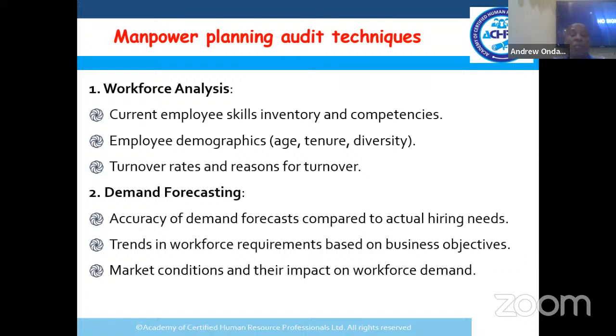Bullet 2 looks at the trend in workforce requirements based on business objectives. And I want to believe that our organizations are growth-oriented. And if there is growth, we look at growth in two ways. One, market growth, and two, product growth. Market growth refers to the number of branches or strategic business units that we open as a result of growing demand for our products.